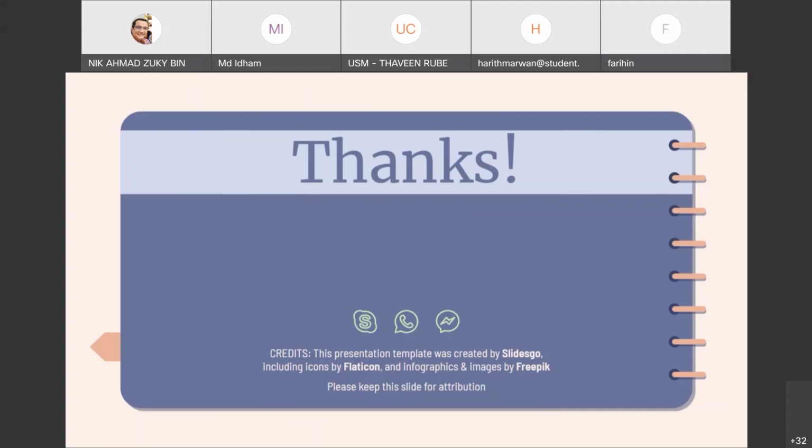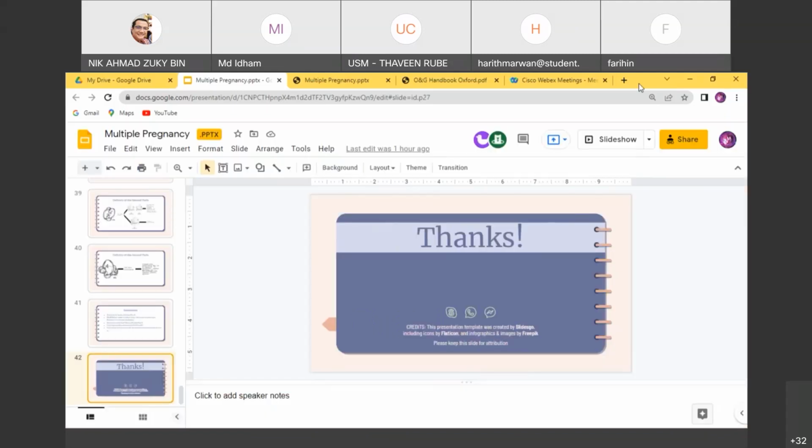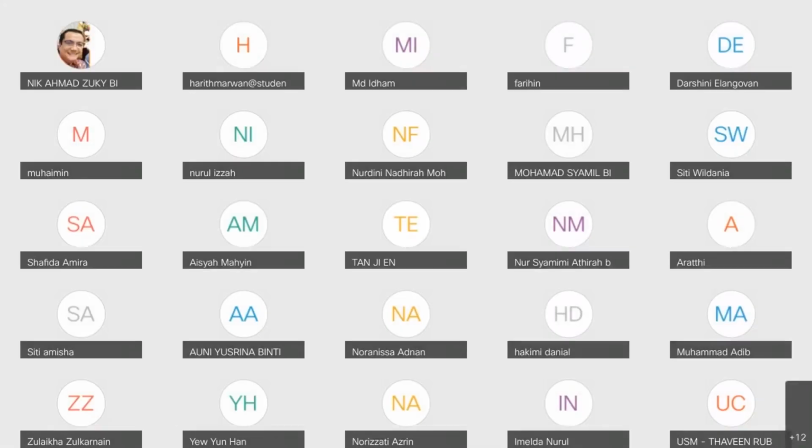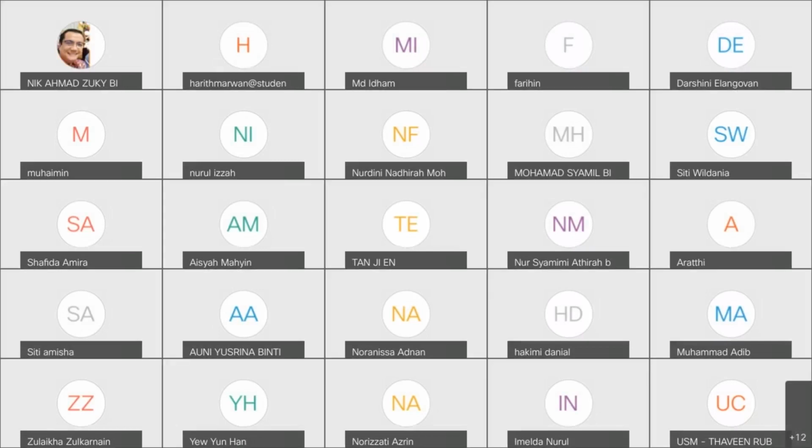So hopefully you go back and read about twins from the textbooks and other relevant references. If you want to read more, you can search the internet for appropriate resources about twins.